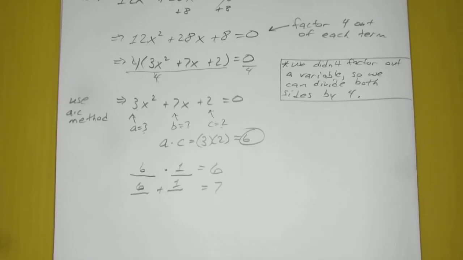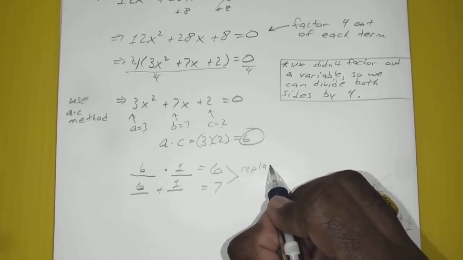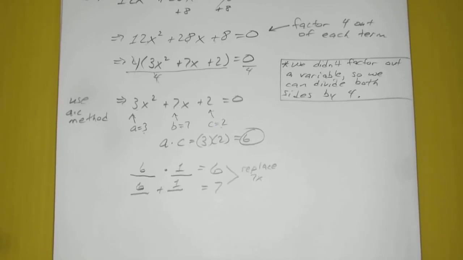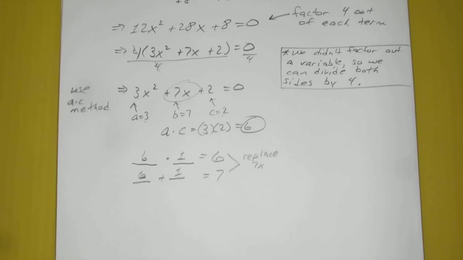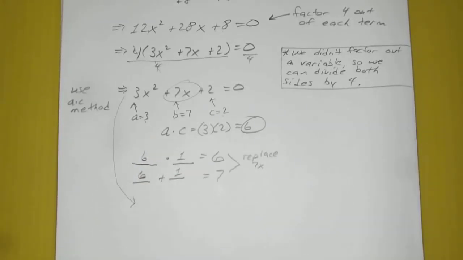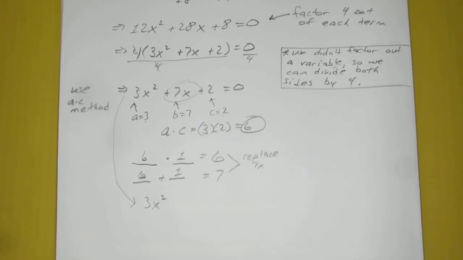Now with the A times C method, remember that once we do that, we replace our B term. So we're going to replace 7x, which is our B term. So that means this will become 3x squared plus 6x plus 1x.